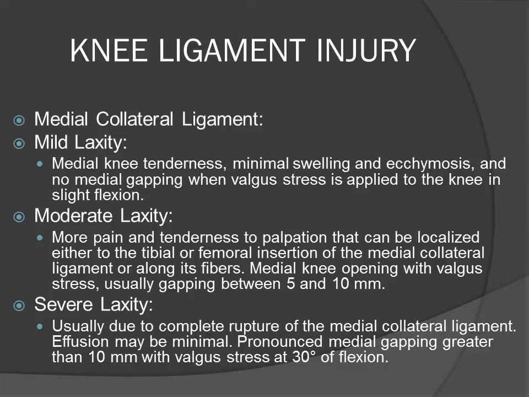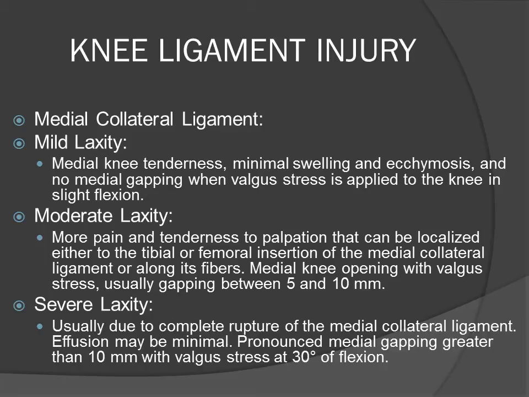Now, with severe laxity, we usually won't see cases of severe laxity unless there's been a complete rupture of the medial collateral ligament. With mild laxity and moderate laxity, we have some disruption of fibers. However, some fibers of the ligament remain preserved. Remember that the ligament is dense, regular fibrous connective tissue, largely, nearly 100% organized collagen fibers.